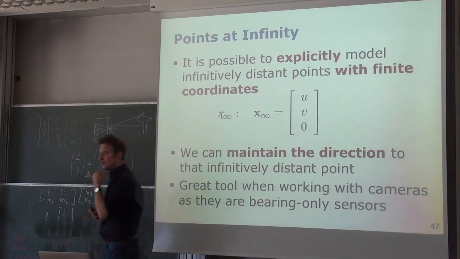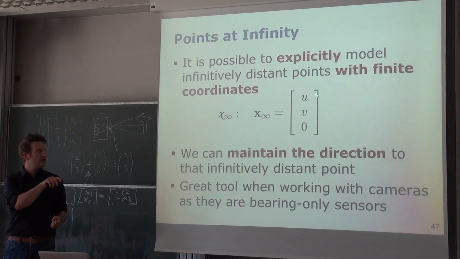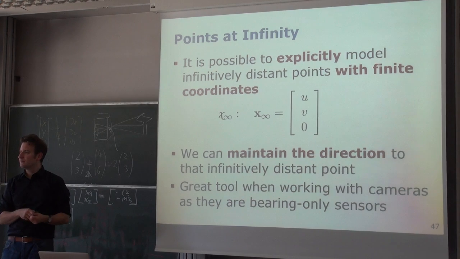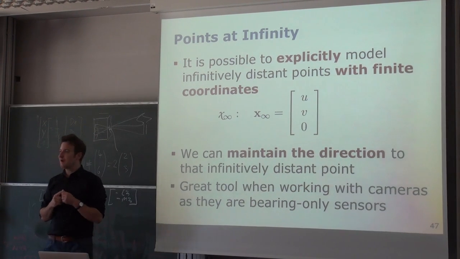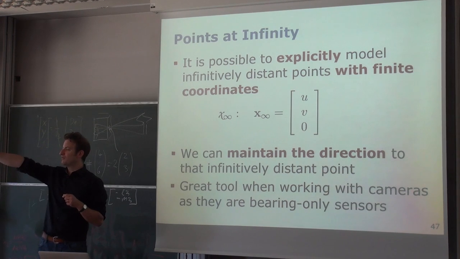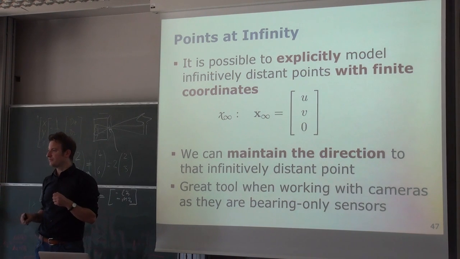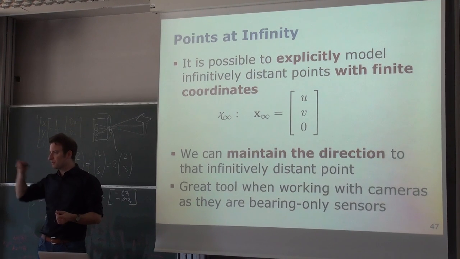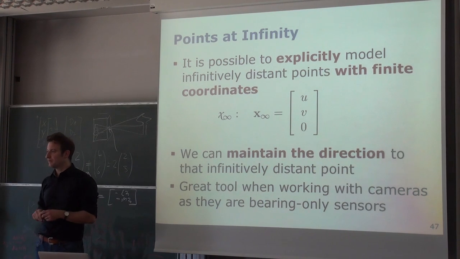And it allows us to represent a point at infinity by only using finite coordinates. So we don't have any infinity sitting in there. This is one of the big advantages, because at the same point in time, we have a point which is infinitely far in this direction, and I can maintain this direction information. This is a very, very useful thing for cameras, because what the camera basically does, every pixel corresponds to a direction, but I have no idea where along the line this point actually is.